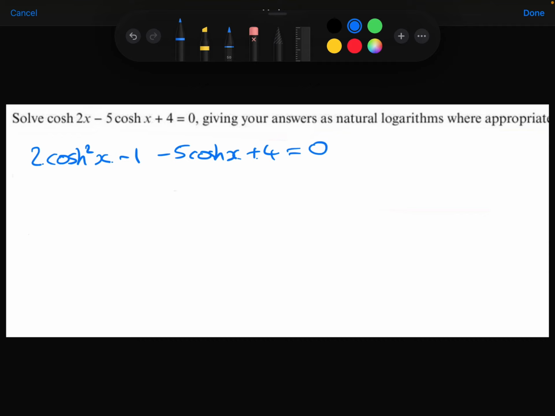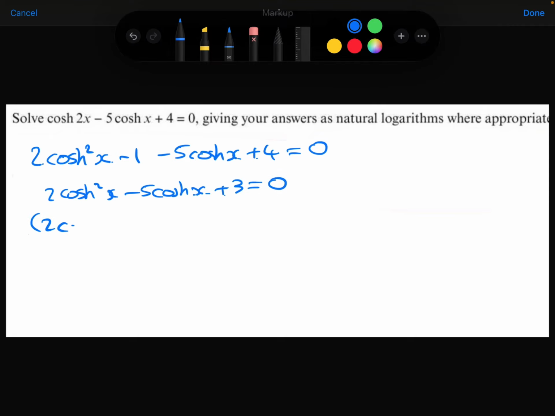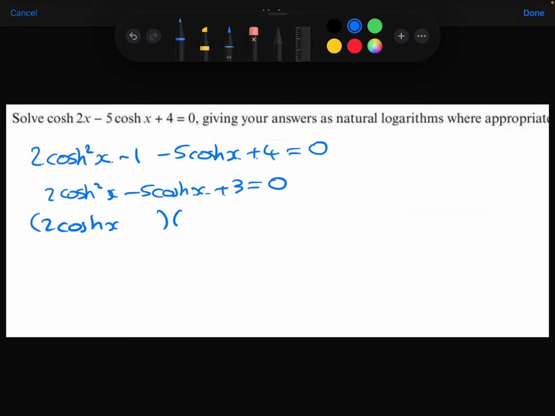Collect up the like terms. And factorise. Nope, that doesn't work. That's not correctly factorised. Bear with me. That's going to have to be a minus 1 and that's going to have to be a minus 3.